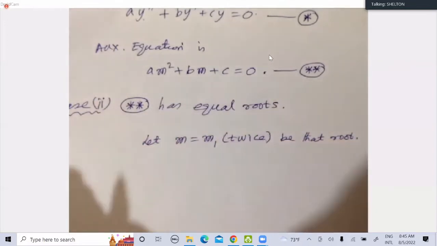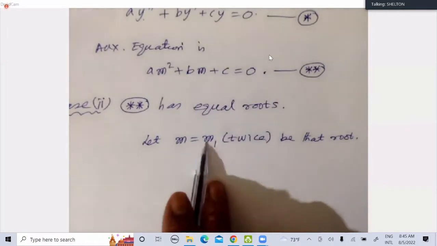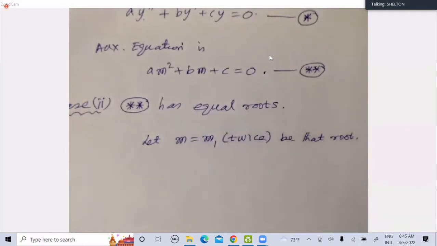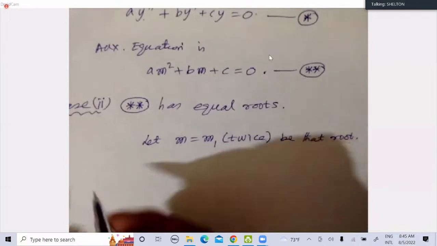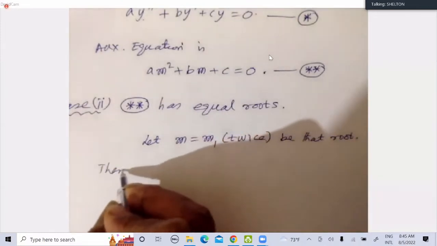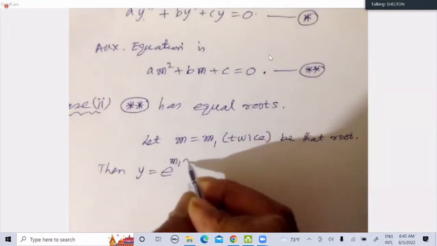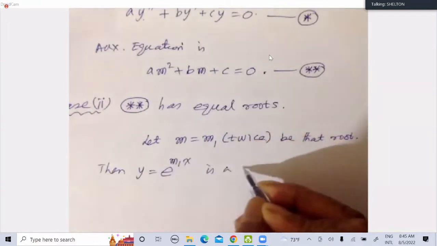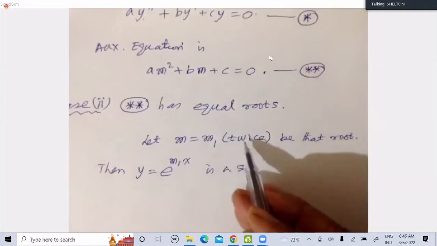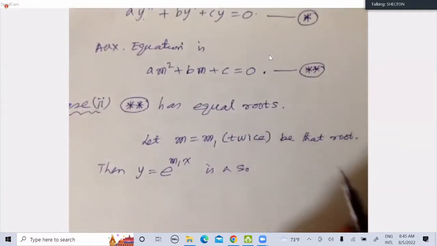Now, like in the previous case with m1 and m2, there are no two distinct roots for this equation, only one. It appears twice. Therefore, if that is a root, we know that y equals e to the m1x is a solution. Another one, it appears twice, and you would again say e to the m1x.